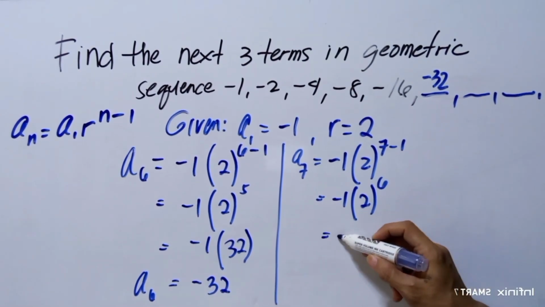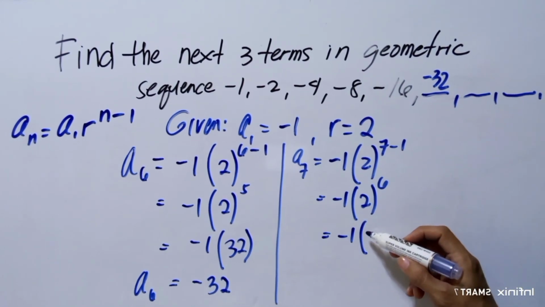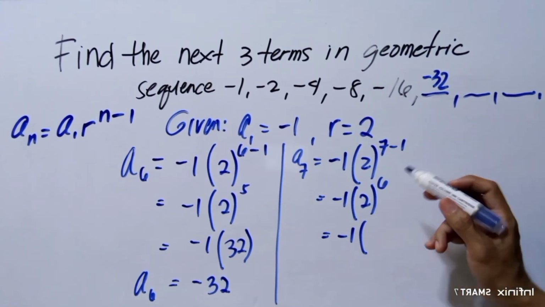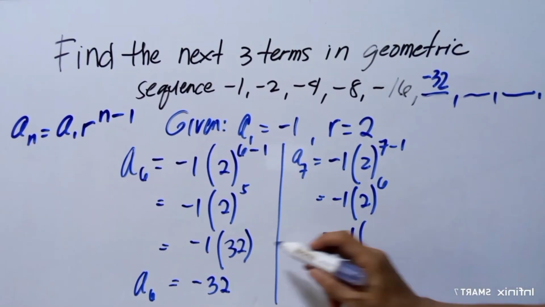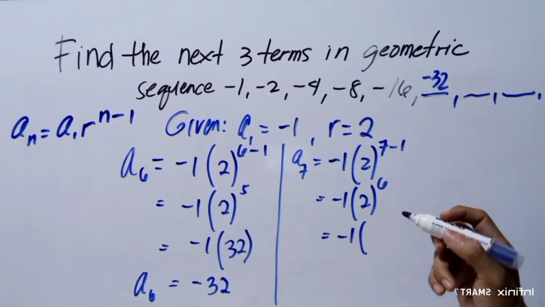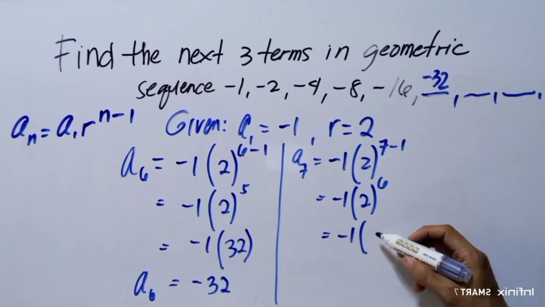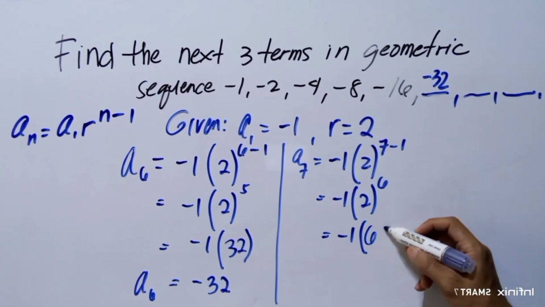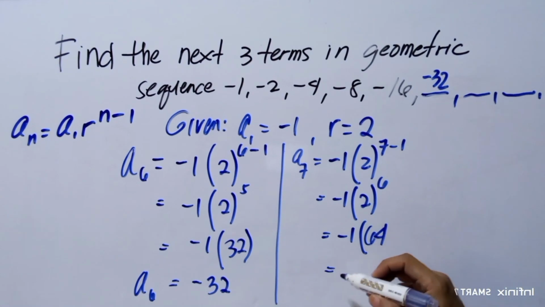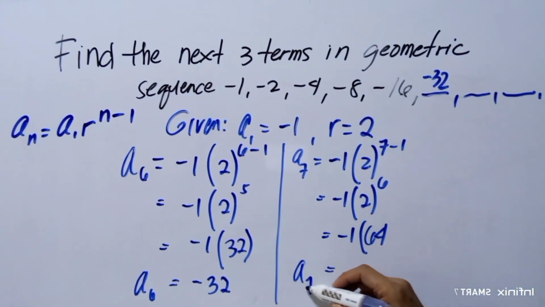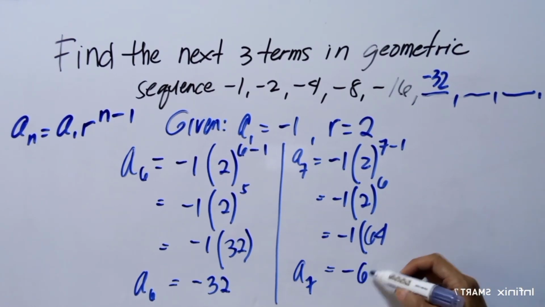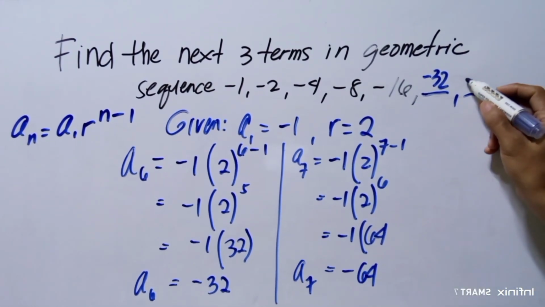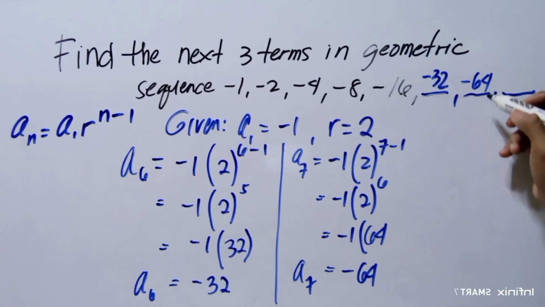Yun equals negative 1 times, so multiply natin si 2 6 times. Kanina sa 5 times is 32, so add tayo ng isa, so times 2, this is 64. Then therefore a sub 7, yung pang 7th term is negative 64.